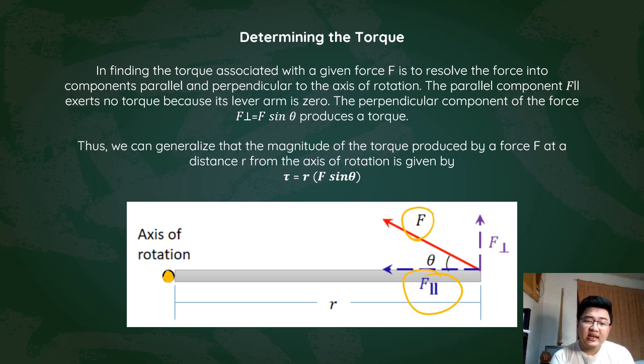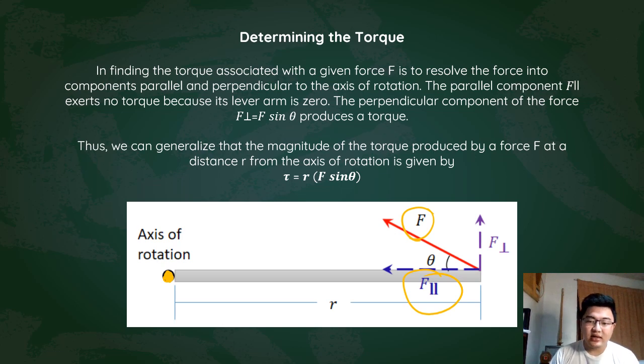Thus, we can generalize that the magnitude of the torque produced by a force at a distance r from the axis of rotation is given by the equation torque equals r, the lever arm, or the distance between the axis of rotation and the point of action of the force, multiplied by the perpendicular component of the force, which is F sine theta. So that's the formula that we can use to solve for torque.